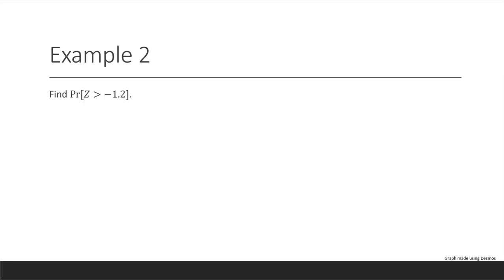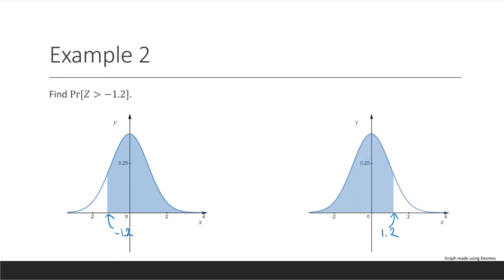Let's do an example. What's the probability that z is greater than minus 1.2? In other words, we're trying to find the area of this guy right here. Since the standard normal distribution is symmetric when you reflect it about the y-axis, this guy here has the same area.